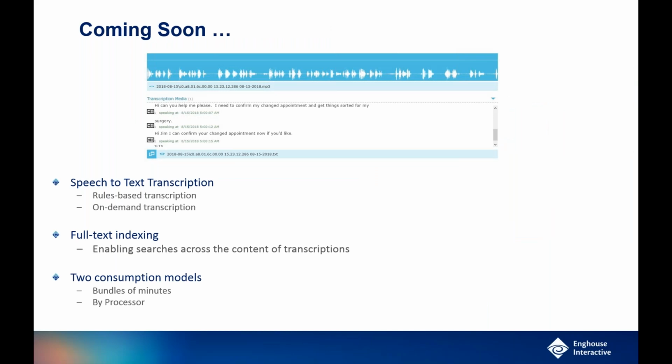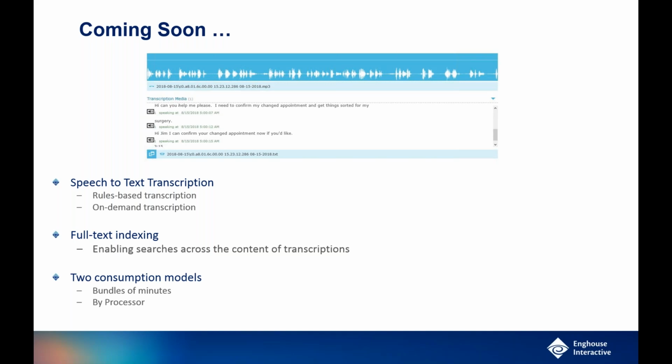Yeah, so QMS is working on an advancement to their technology to actually take the recorded calls and pass them through an engine which transcribes them into text. This is targeted for release, available first quarter of 2019, so we're still a few months away from that.